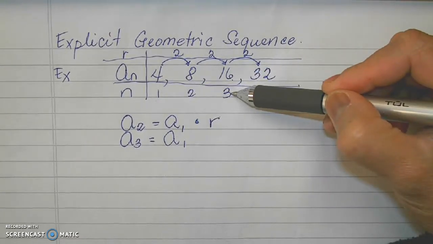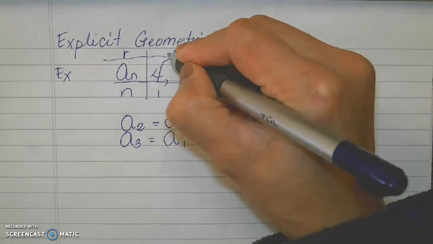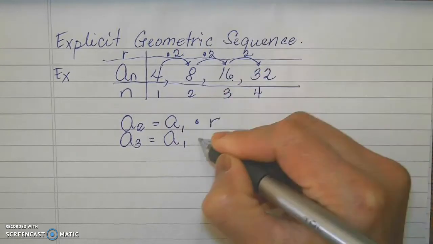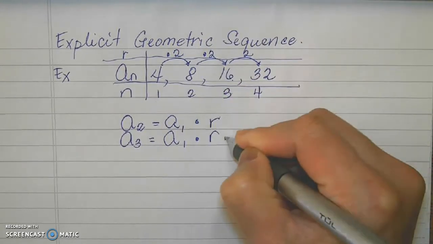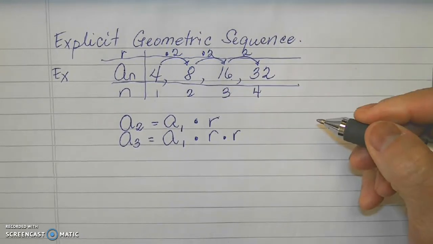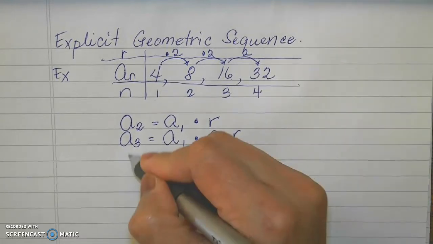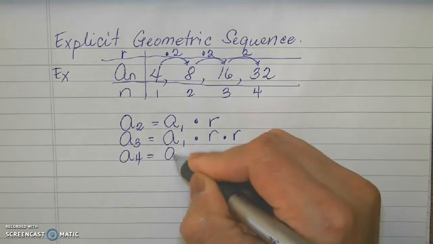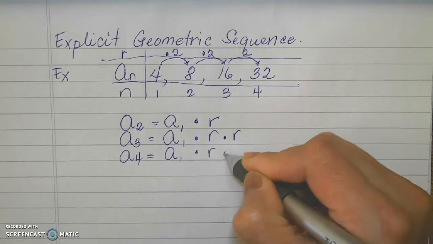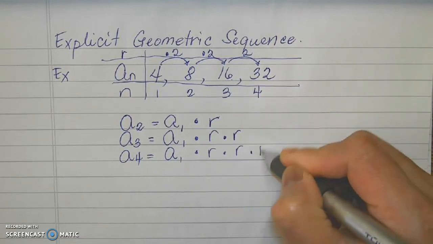But please notice that this time, you are multiplying r and r. When you go to a4, what you're doing is a1 times r times r times r.